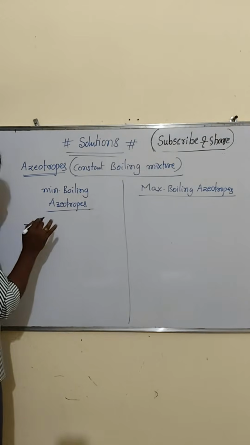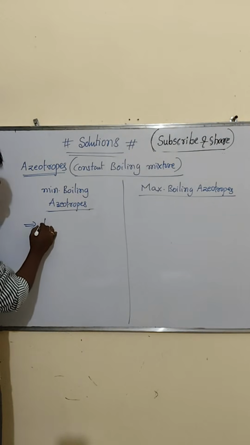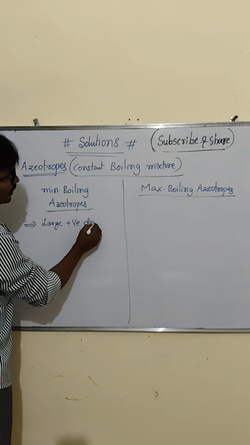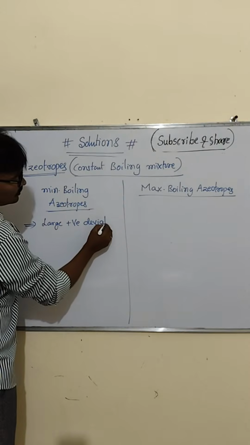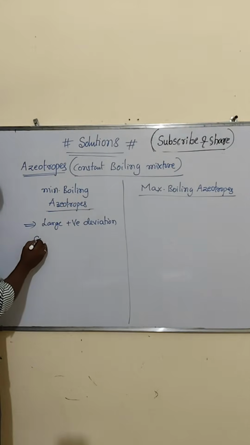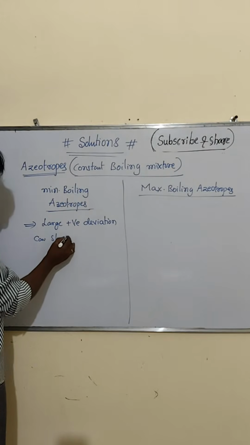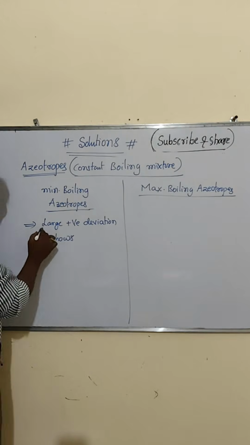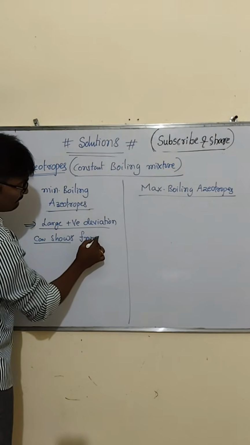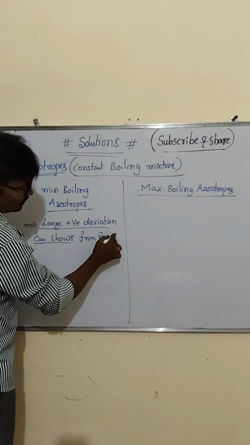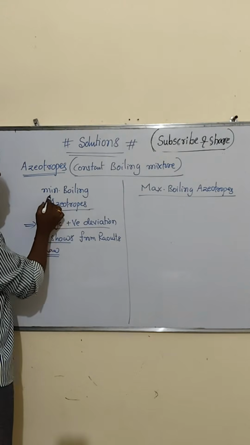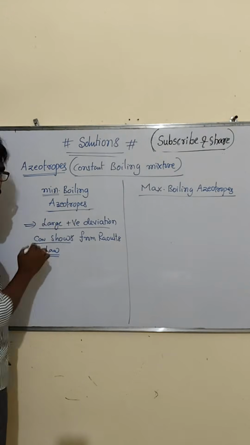So minimum boiling azeotropes show large positive deviation from Raoult's law.